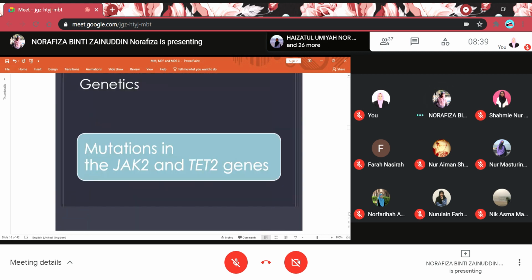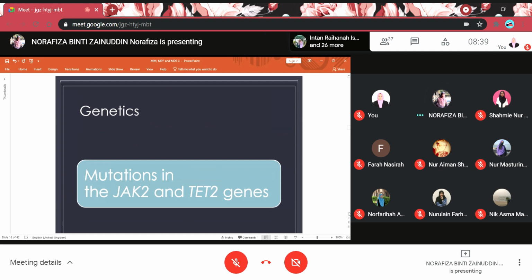Alright. On genetics. Mutations in the genes called JAK2 and also TET genes are almost always associated with PV. So it is believed that it begins when mutations occur in the DNA of the hematopoietic stem cell of these patients, and these stem cells are located in the marrow.